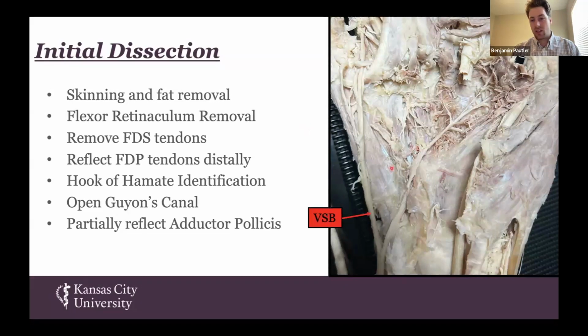So we can see here in this image, we've got our volar sensory branch coursing on the ulnar aspect this way, right where it forked off from our motor branch, diving into Guyon's canal.